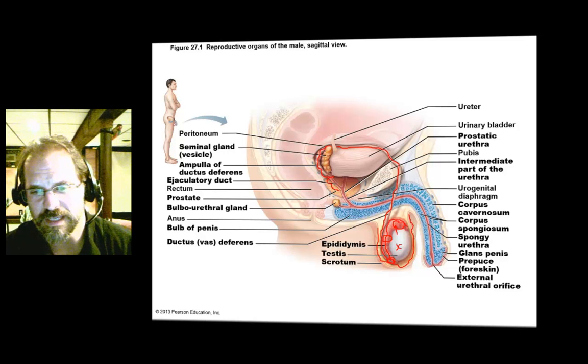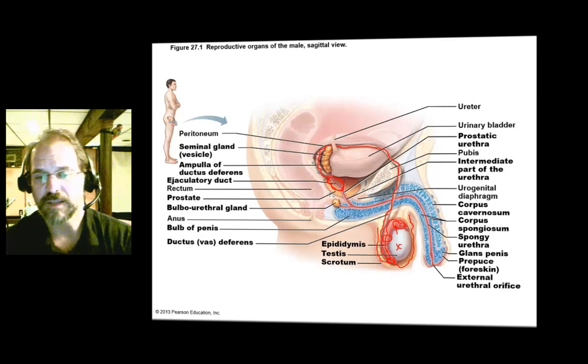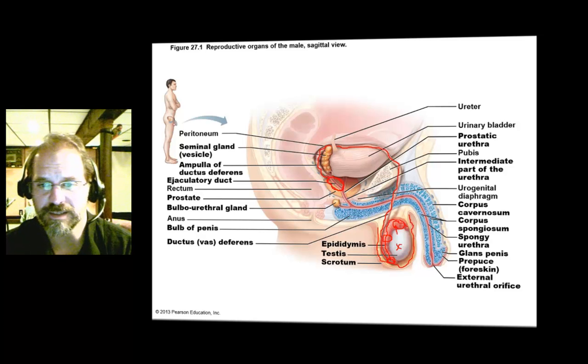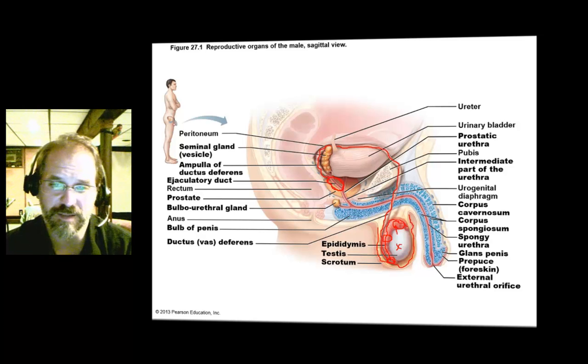So this structure right here is the ejaculatory duct, which really is just the last part of the vas deferens. So the ductus deferens is that tube that connects the testes to the ejaculatory duct. So it's either called the ductus deferens or the vas deferens, slightly older term.